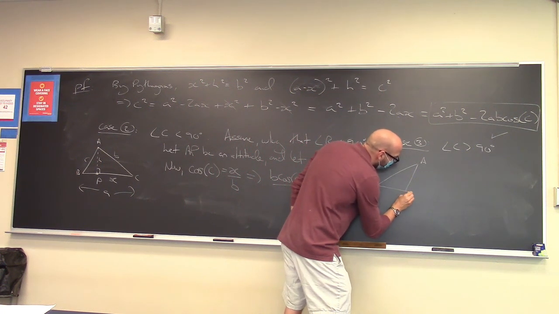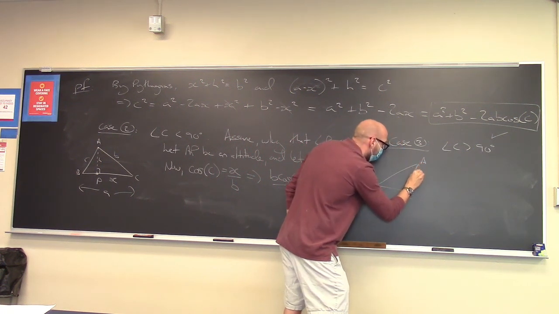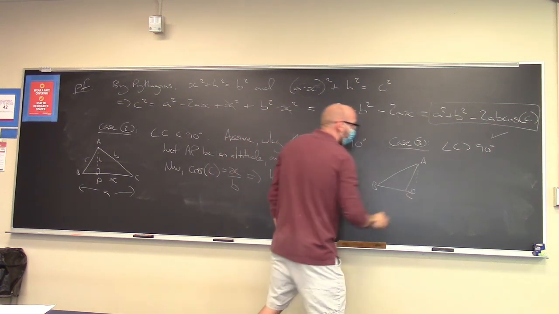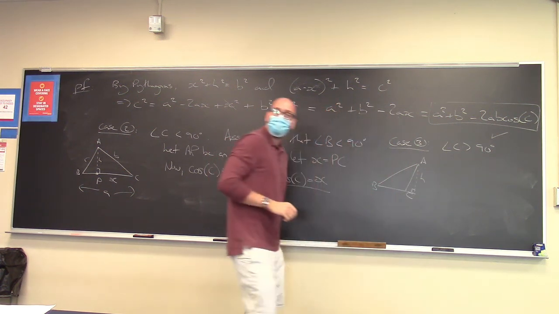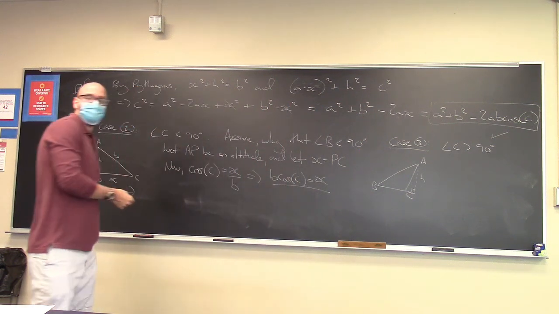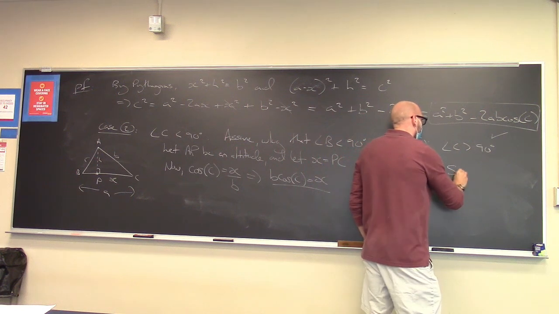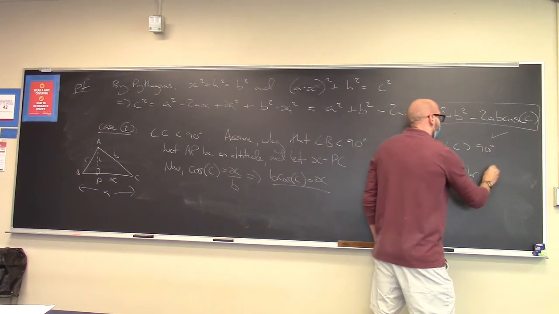Well, you do the exact same trick. You drop an altitude there, turning this into a right angle. I still have h and so on. The details are very similar. We won't go through it, but it is in the textbook if you want to see. So this is similar. See text.